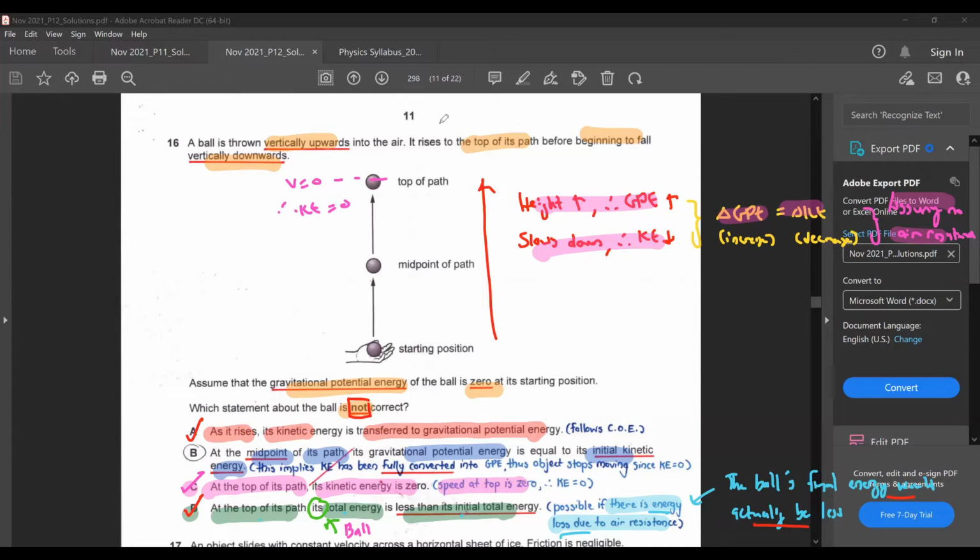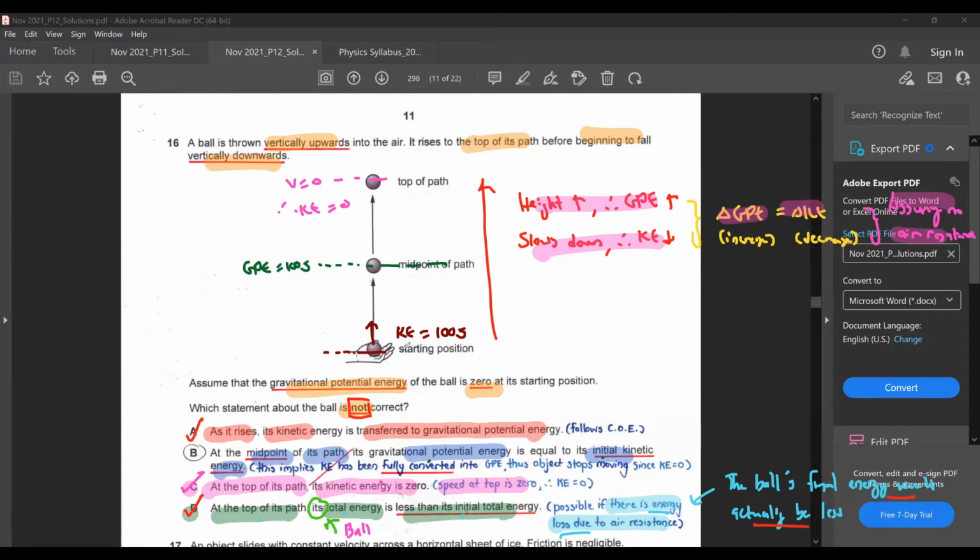Now, think about this a little. If I tell you that at your starting position, your KE was 100 joules, but then at the midpoint of the path, they told you your GPE is now equal to your initial kinetic energy, so your GPE is now 100 joules.